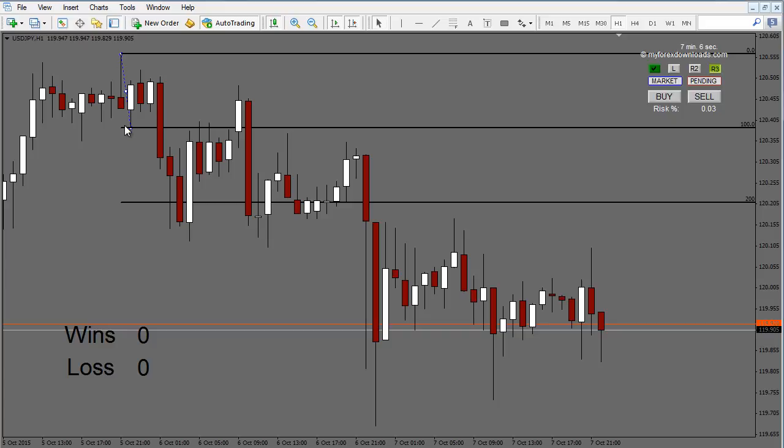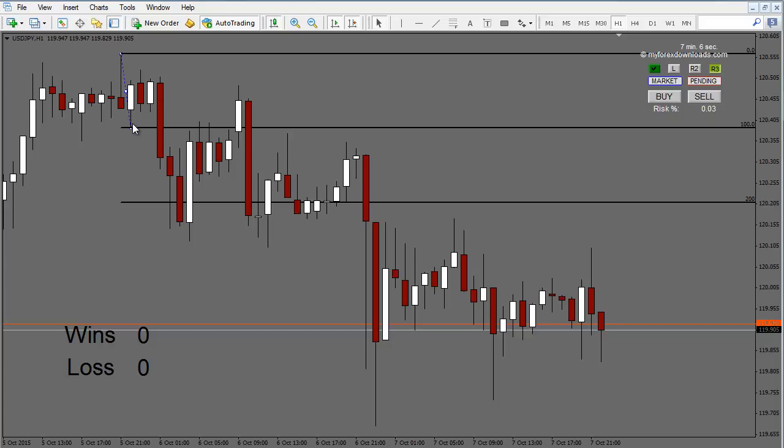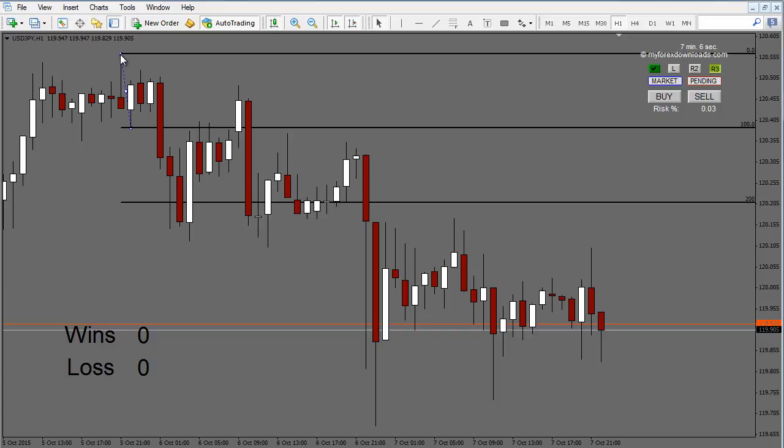We're going to look for price to pull back, break this anchor, and see how many times it hits this target and how many times it comes back and hits where we would have a possible stop loss.